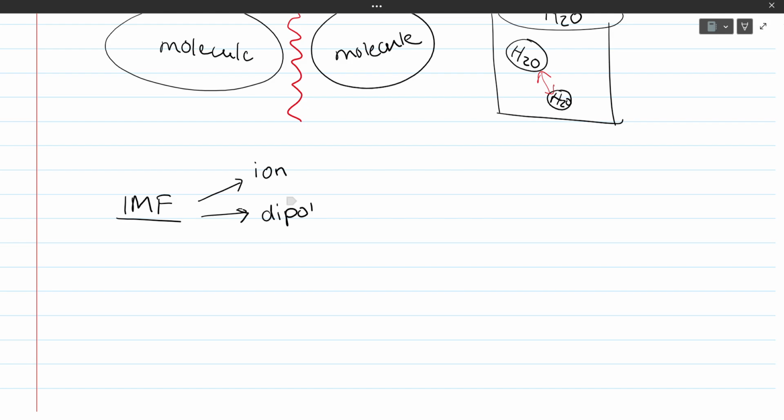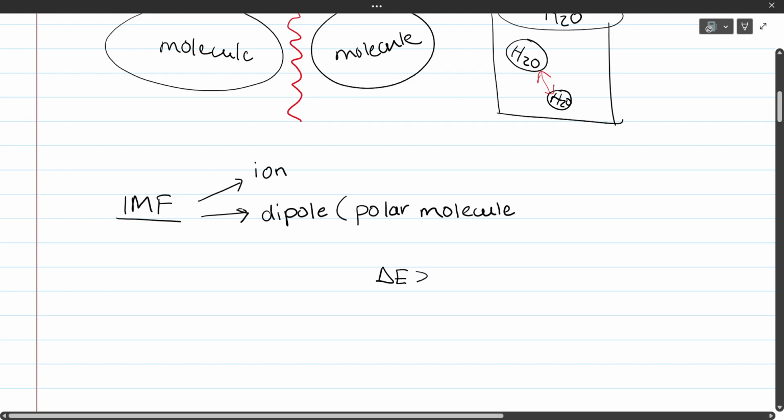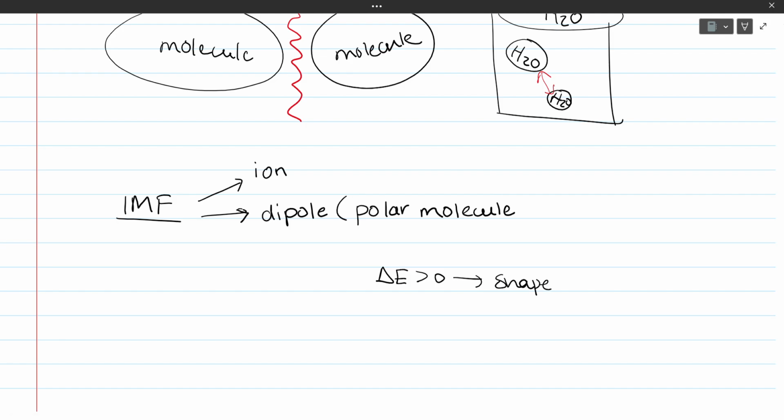Next, you must be able to identify something called a dipole. Now, a dipole is just another word for a polar molecule. Recall in our previous videos, we talked about what a polar molecule is. How you find out if something is polar, just quickly to go through that, is you first work out your change in electronegativity. If you get a number that is greater than 0, you then must check the shape of your molecule, and if your shape is unsymmetrical, then you are dealing with a polar molecule.